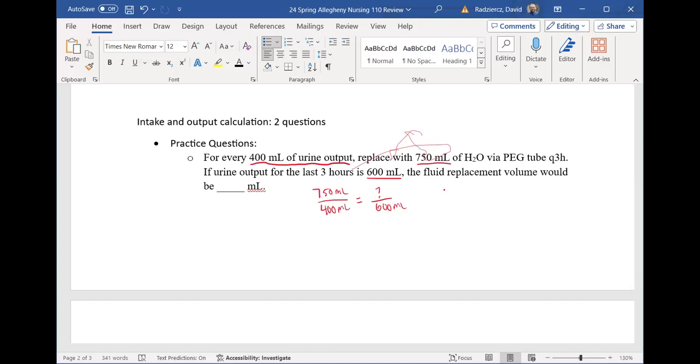It really doesn't matter where it is because you're going to solve for the unknown, or solve for X. Notice I didn't put an X there because I know nursing students don't really care for algebra too much. But if you're okay with it, that's fine.